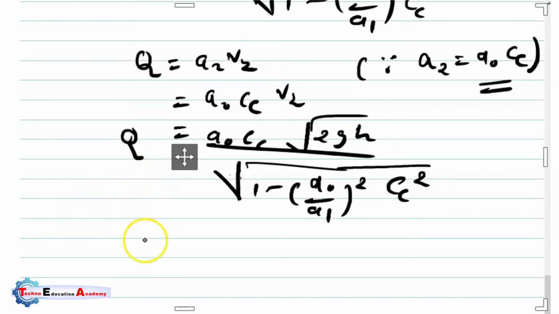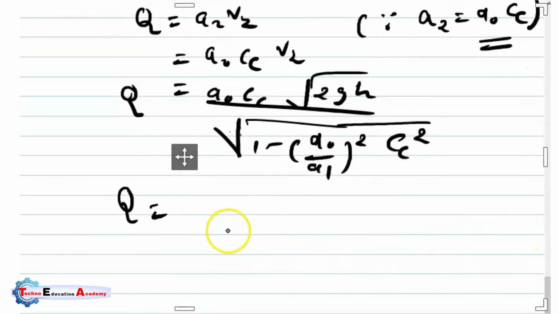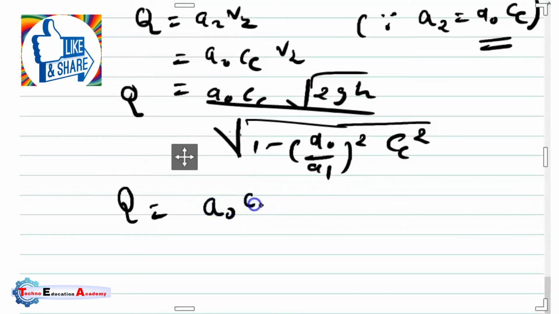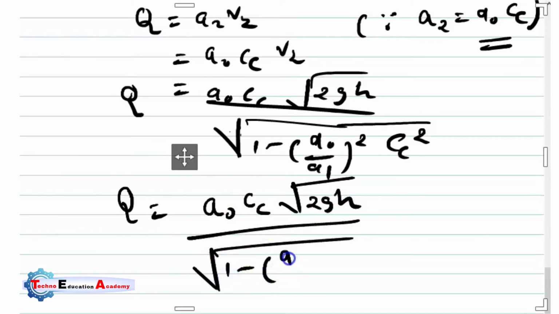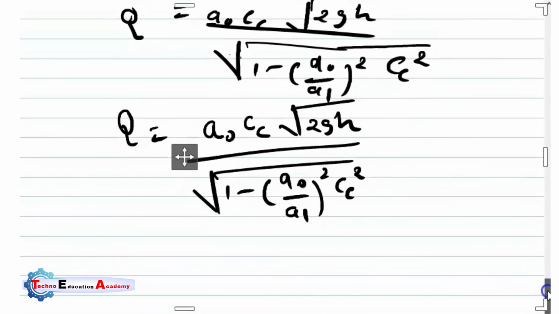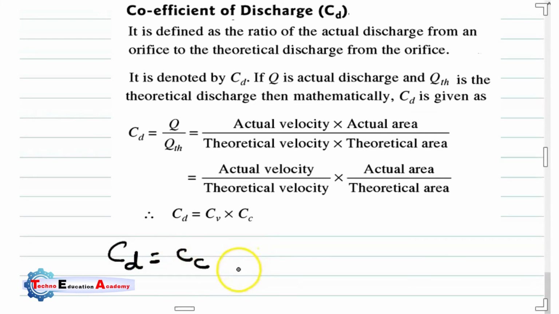So here Q is equal to, further we can write the equation for your information purpose, Q is equal to A0 Cc under root 2gh divided by under root 1 minus (A0 by A1) whole square Cc square. Now simplify the equation in the form of discharge. It means CD, the coefficient of discharge, is nothing but CC into CV.